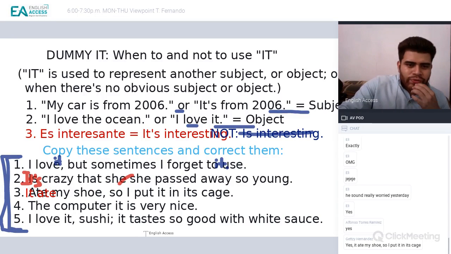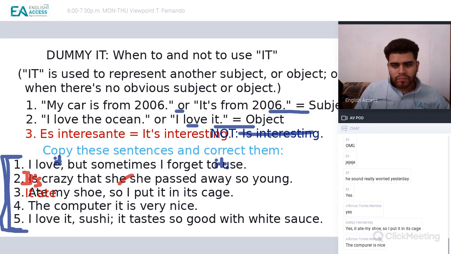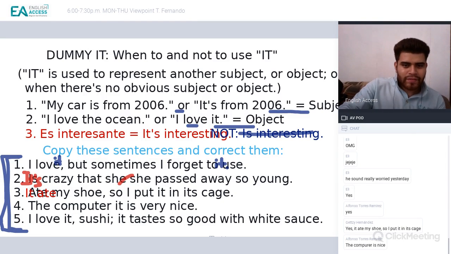It ate my shoe, so I put it in its cage. Perfect. Fonzo, number 4. Perfect.